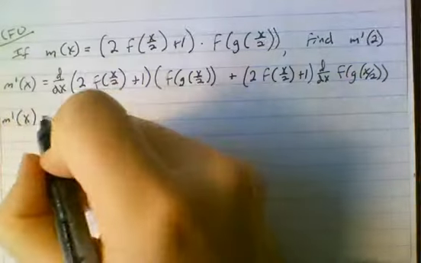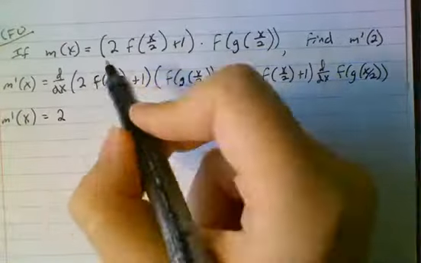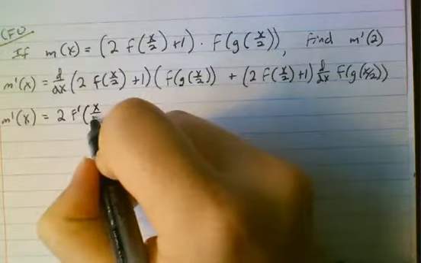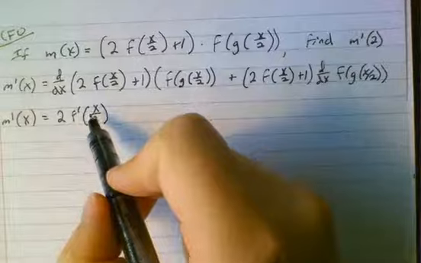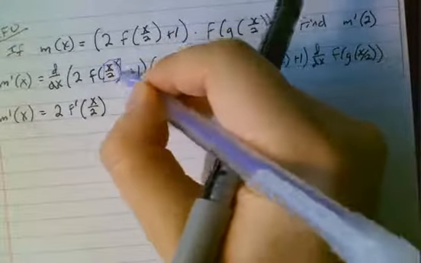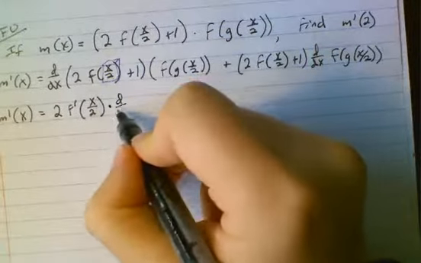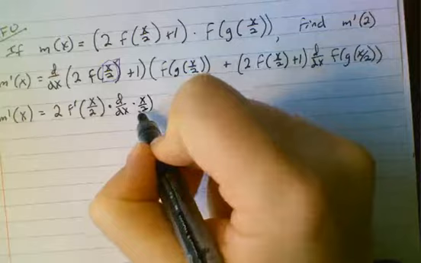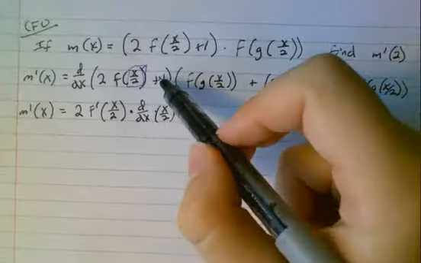So with the derivative of this, the 2 is along for the ride. We're going to take the derivative of f. We notice that this needs to be in a box because it's not just an x. So that means we're also going to have to do times the derivative of x over 2. Derivative of plus 1 is just 0, so that can go away.